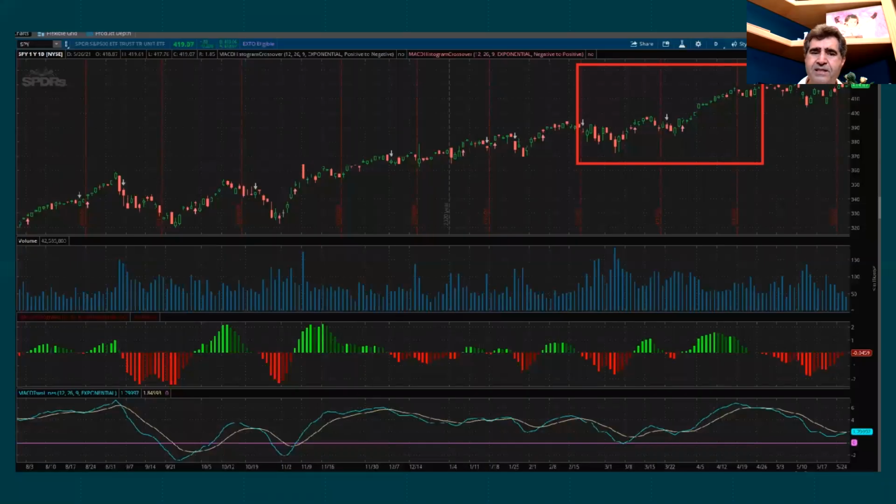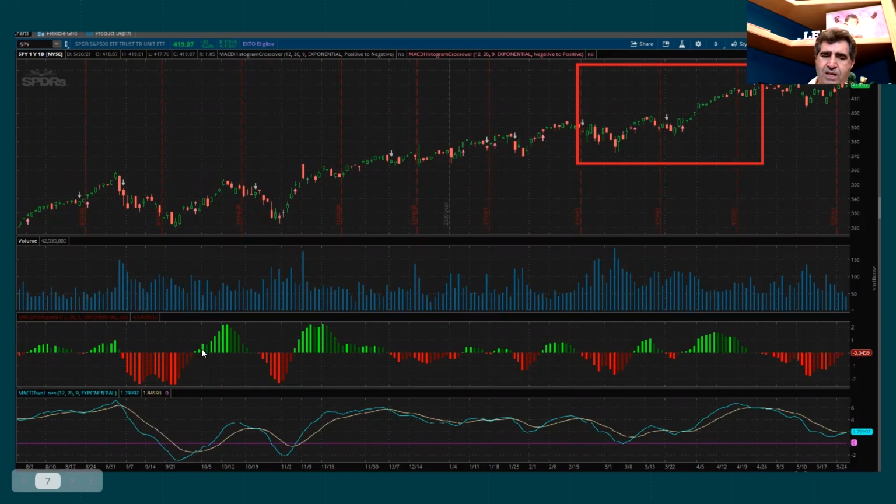So this is a chart from Thinkorswim. Basically, this is the SPY as of today's closing. What I've done is kind of combine everything that you have access to with your Thinkorswim platform. What you can see here is our MACD signal and MACD line, the crossovers we talked about, and the histograms.